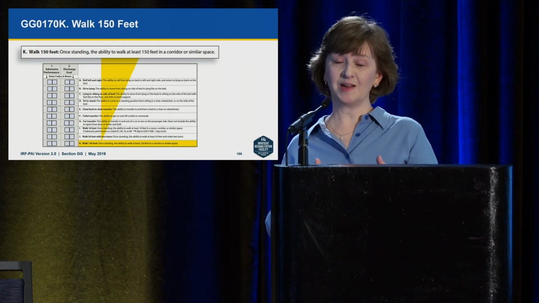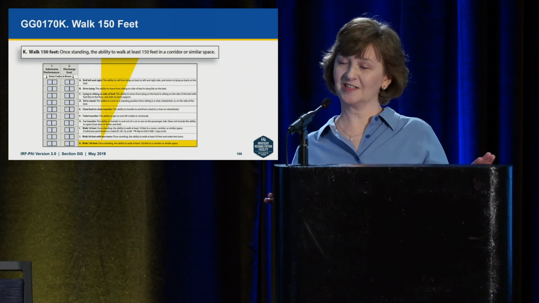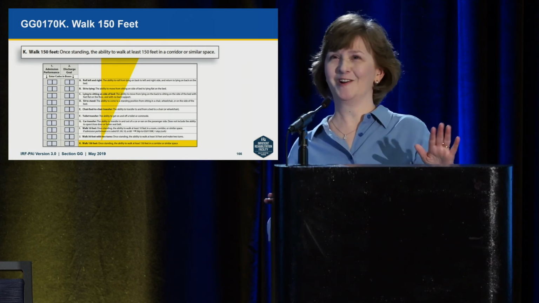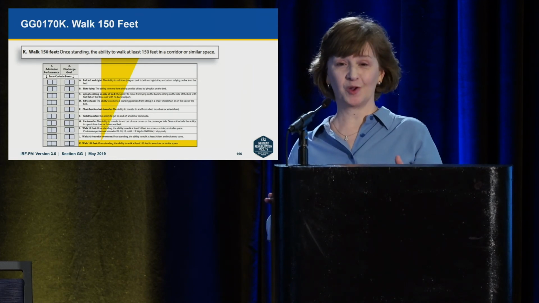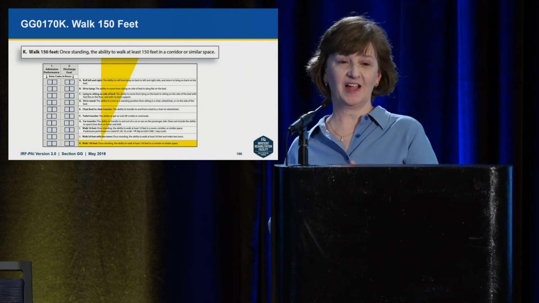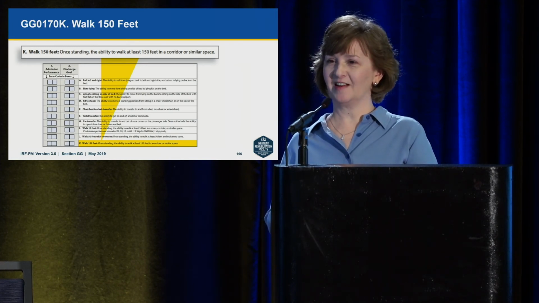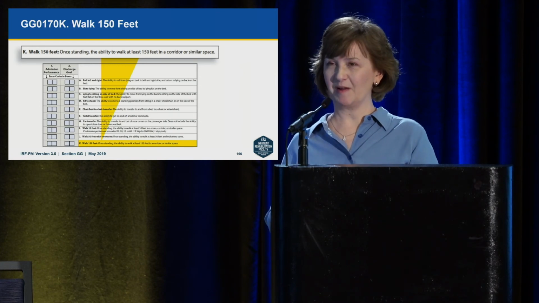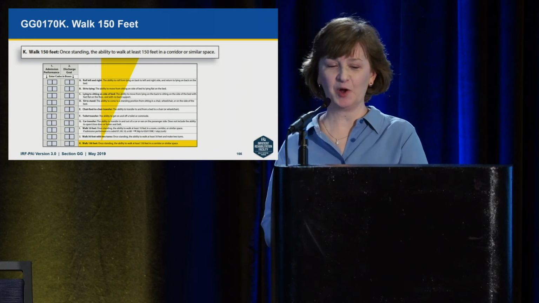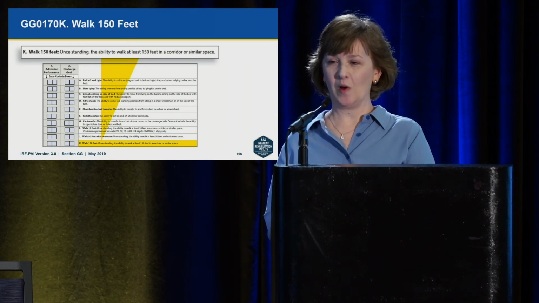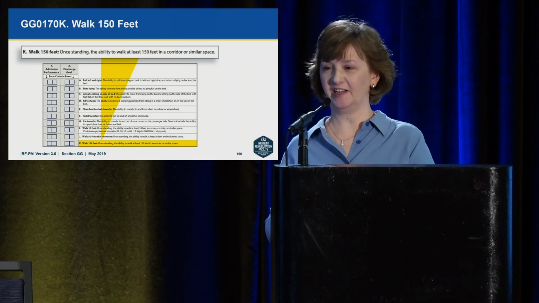And if the person is not able to go 150 feet, but let's say they can go 50 feet with 2 turns or 10 feet, the 10 feet and the 50 feet with 2 turns can be coded. The 150 feet would be coded with one of the activity not attempted codes. There was another question that got submitted. Let's say we have a patient who can go 40 feet.